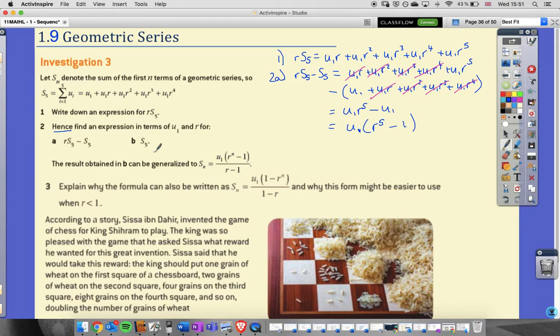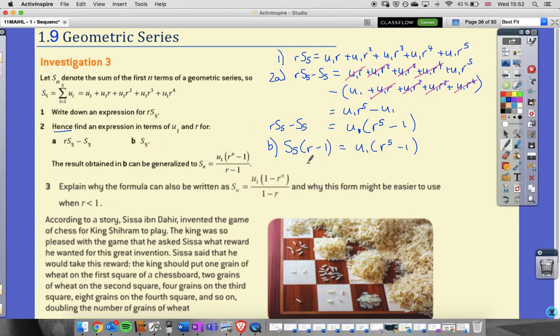Okay, we also need to find, let me just write this here, an expression for S5. Now we've got all of this, and factorising the right-hand side makes me realise we could factor the left-hand side as well. So let's take a factor of S5 out. And this really helps us with answering the next part, part b.